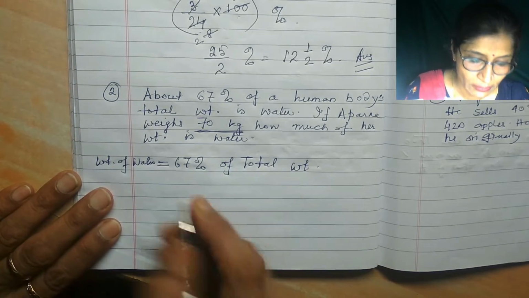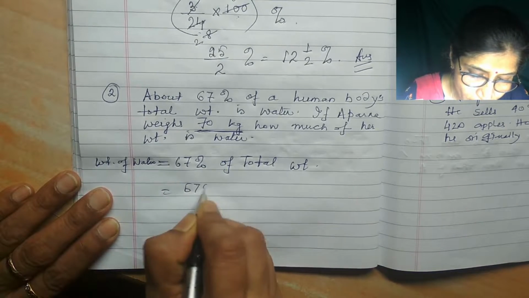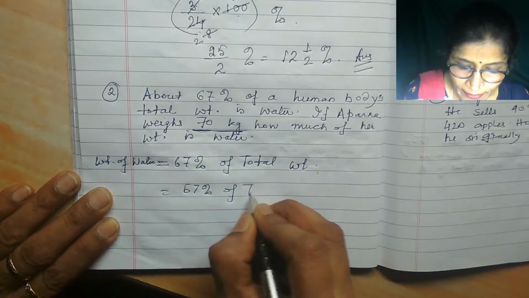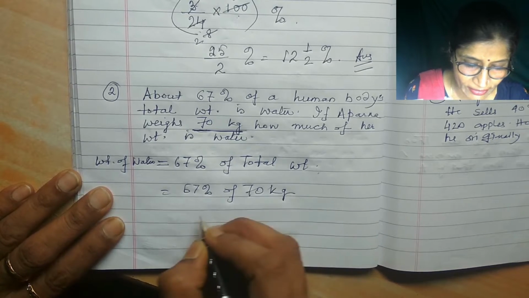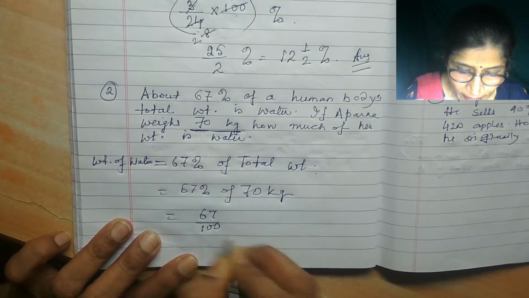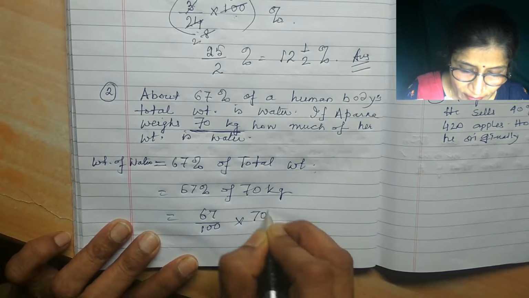Okay, so that is, but here 67% of total weight means 70 kg. Weight of Aparna is 70 kg, so it is 67 divided by 100 into 70. Cancel it.